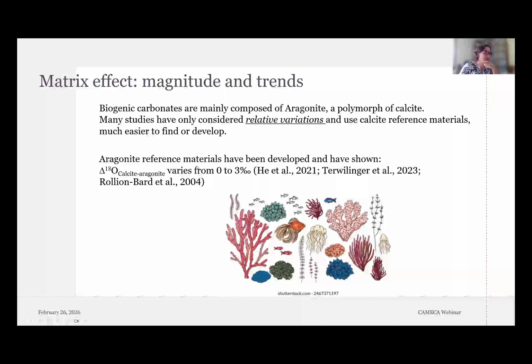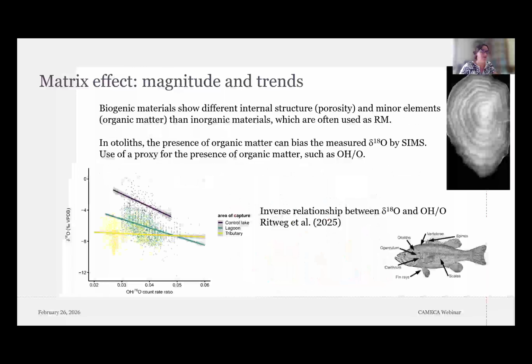However, some aragonite reference materials have been developed later, and there is a matrix effect that is between 0 and 3 per mil between these two phases. Again, so no chemical difference, but structural, crystallographic difference.